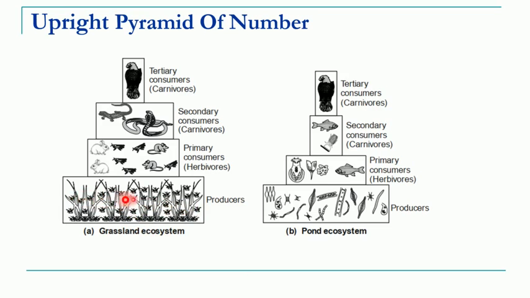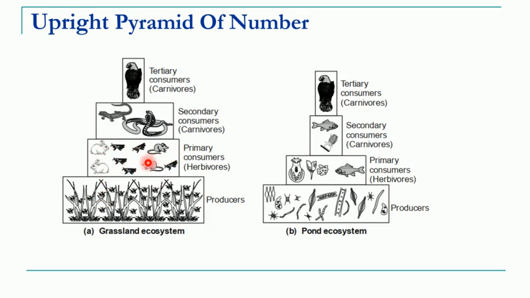These grasses are very large in number, so this base is larger. Now these grasses are eaten by the herbivores, which are also called primary consumers. The number of these primary consumers is obviously less than the number of grasses. That's why this level of the pyramid is smaller than the producer level.